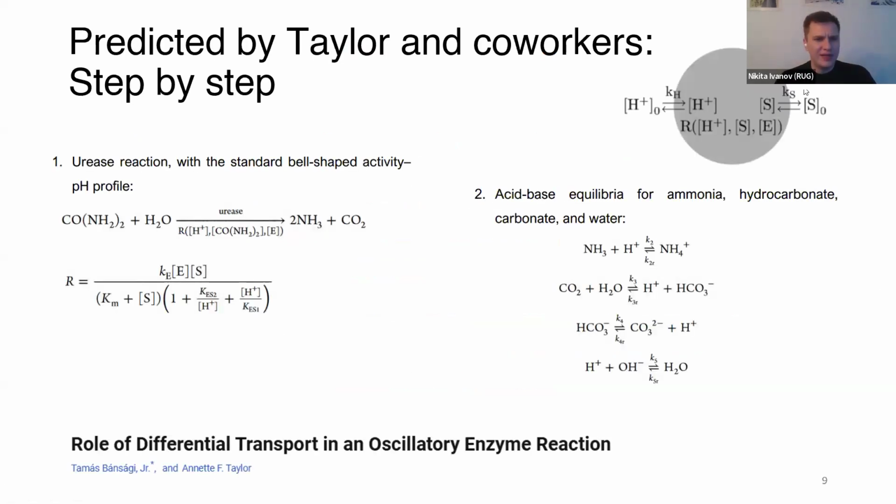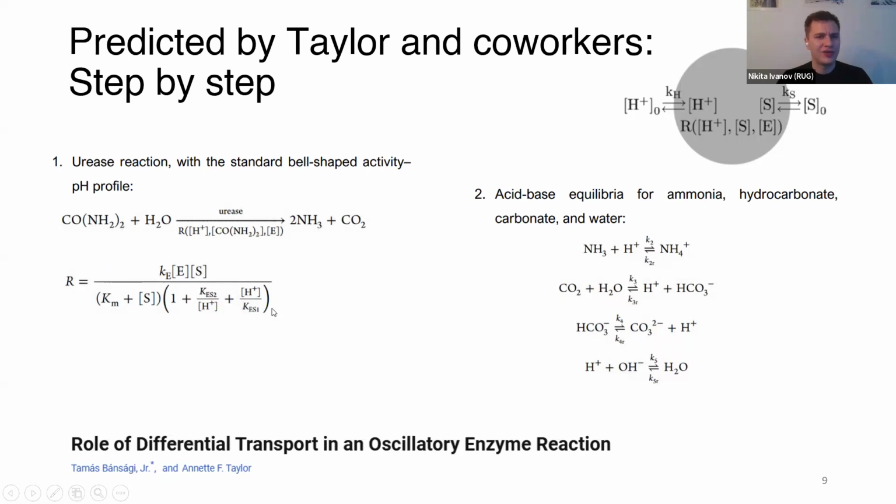In the following slides, I summarize a series of papers that are mostly done by colleagues and collaborators of Professor Annette Taylor from Britain. She and her team developed a whole theoretical understanding of systems with urease.